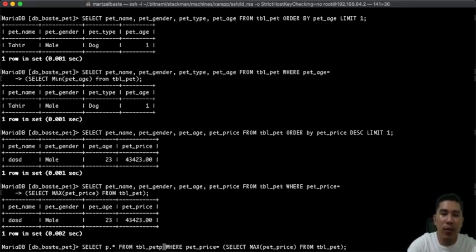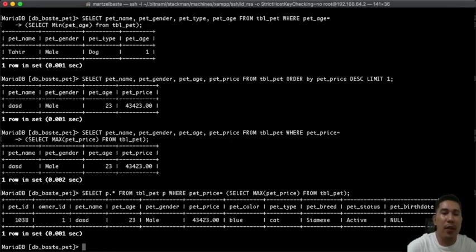And then we use the alias P to represent the pet, okay? Where, let's try this one. So as you can see, it projected all your information about that particular pet with the highest price among all.